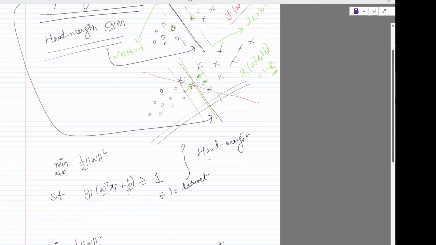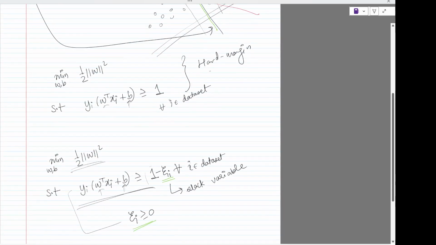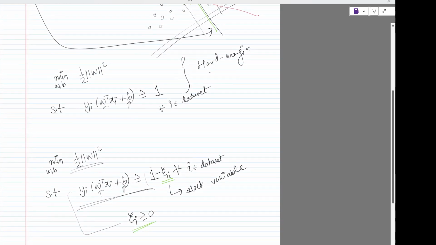But you don't want to allow too much. So to restrict that, you add one more term here, C summation i psi i, where C is a hyperparameter which you have to choose. You have to choose what value of C you want to use.